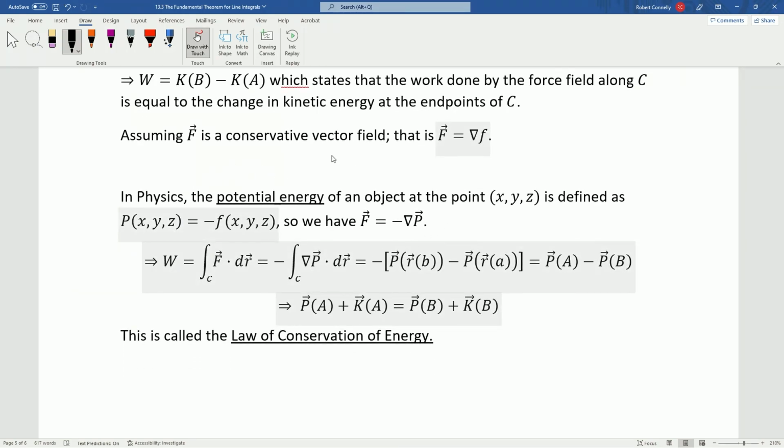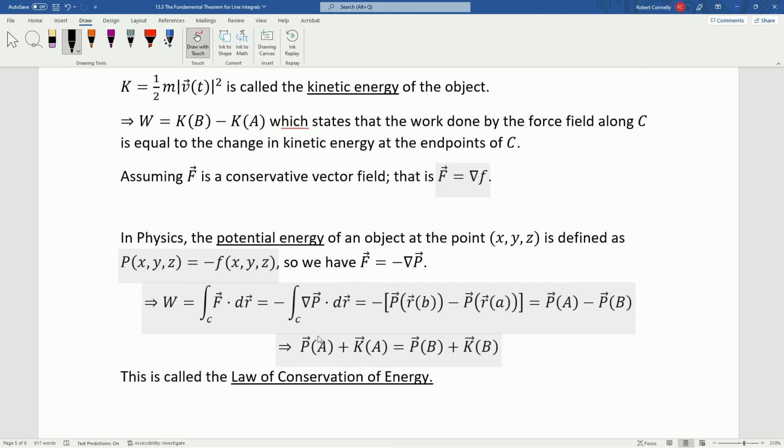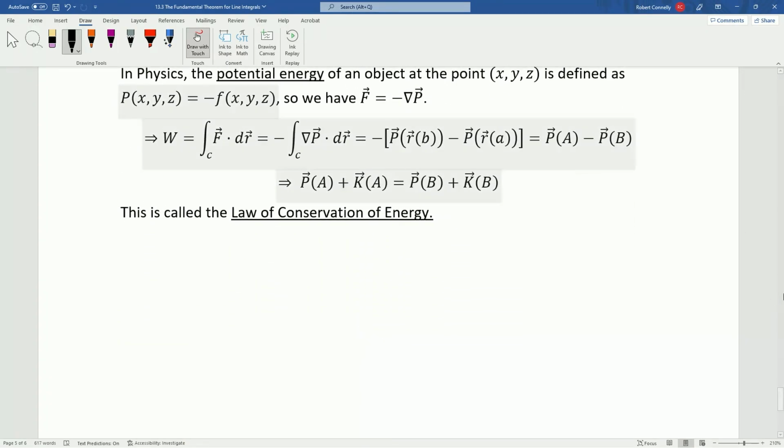Likewise, looking at potential energy, work is the difference between the potential energy at the start and the end of the path. Setting those two versions of work equal to one another gives us this law of conservation of energy.